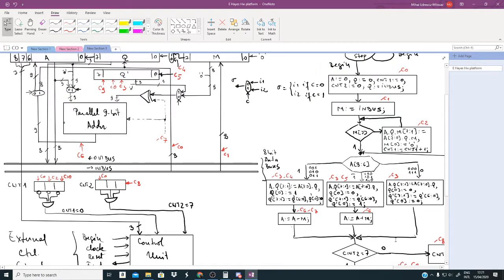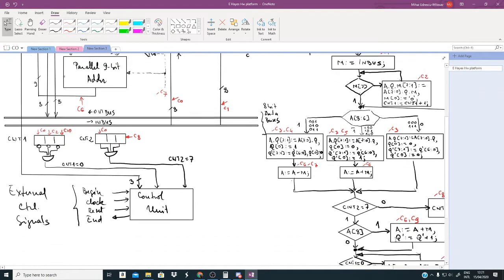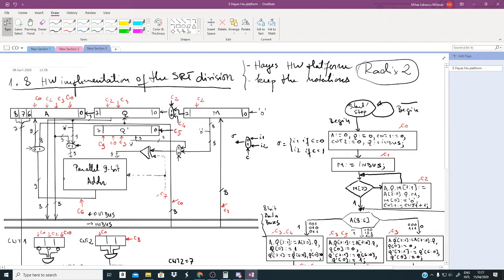So C11 acts here, so that it selects Q prime instead of M, is here, such that it selects Q instead of A, and it's here at this demultiplexer because it selects Q as destination and not A. Okay, good.